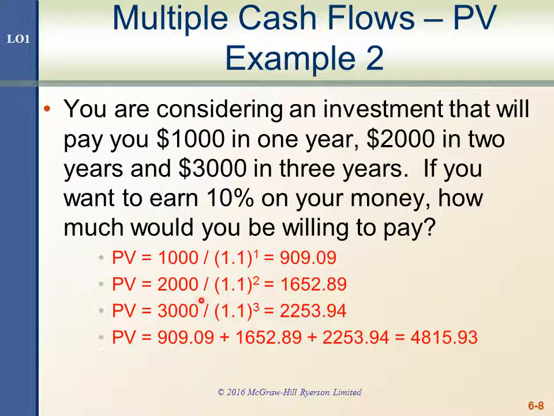Similarly, the $3,000 payment gets discounted by 3 periods by dividing by 1.1 cubed, and that gives me a present value of $2,253.94. I add each of the 3 single amounts together to get the present value of the 3 cash flows.